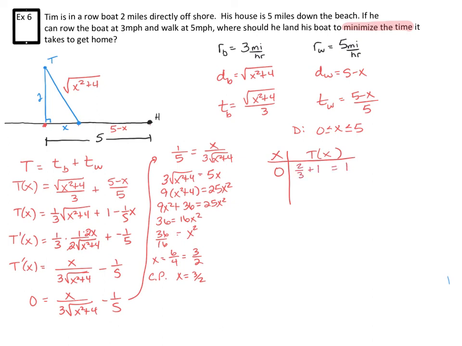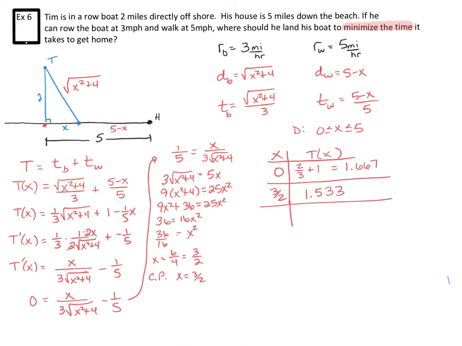So that's going to be 1 2/3, or 1.667 as a decimal. And when we plug in the critical point, 3/2, or 1.5, we get 1.533, and the 3's repeat.